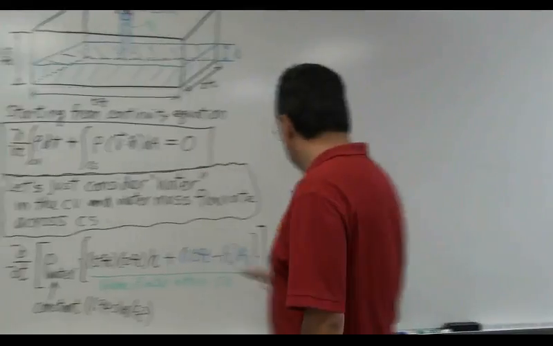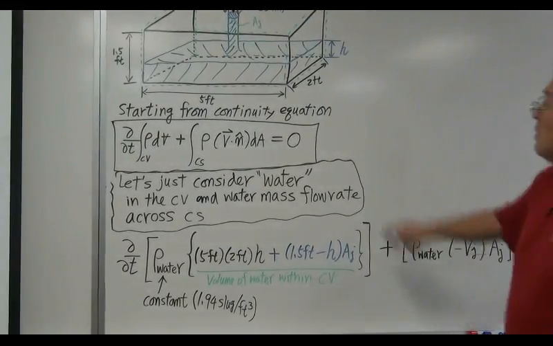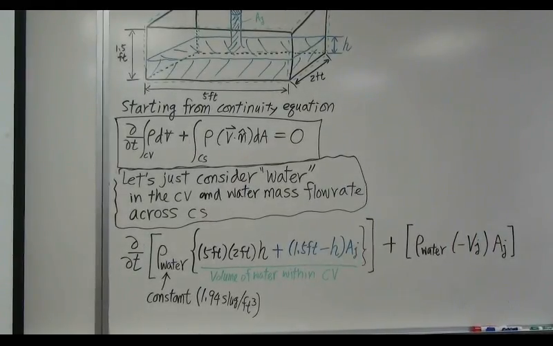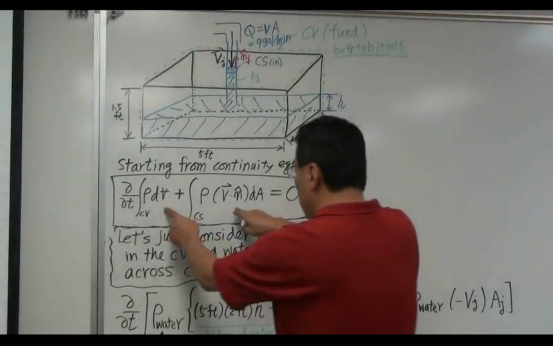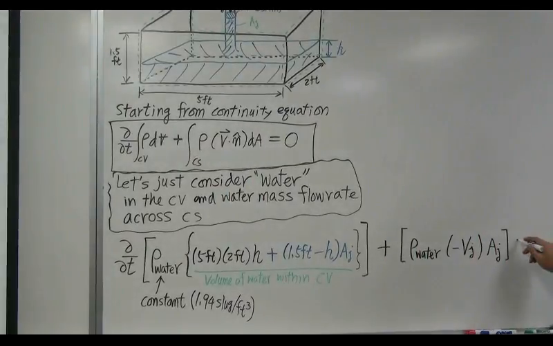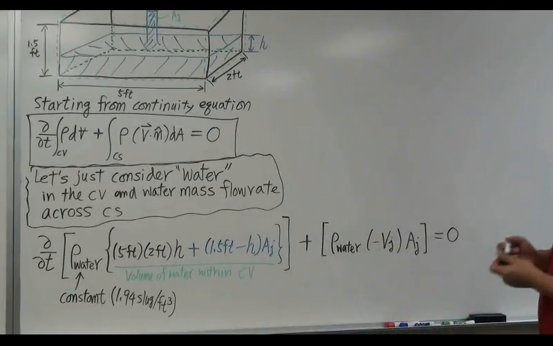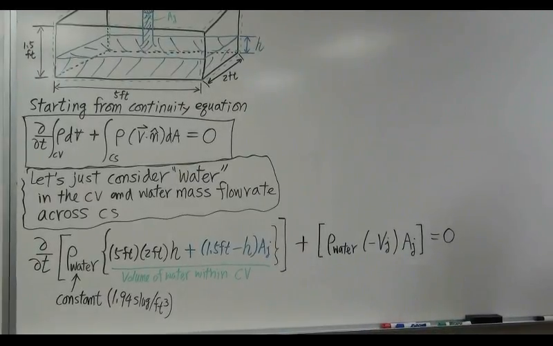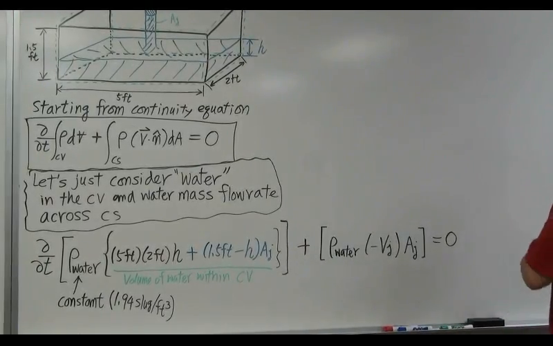So that is the mass flow rate in across this control surface, right? If you add those things together, you get 0. Interesting, so we can proceed from here.